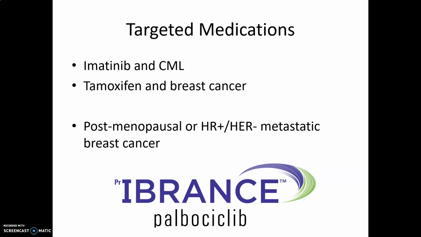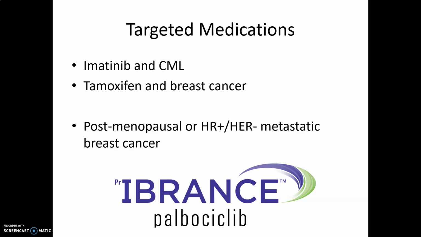And so far, they exist for a couple different diseases. So one being this CML, so this chronic myelogenous leukemia, then tamoxifen and breast cancer, and this Ibrance is all over the news now. So that's the HR plus HER negative metastatic breast cancer.